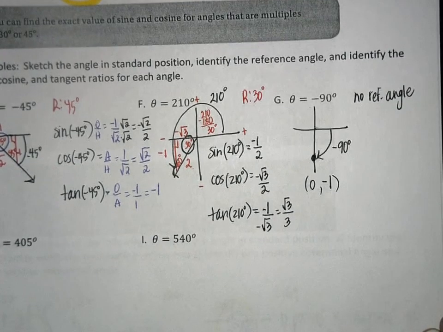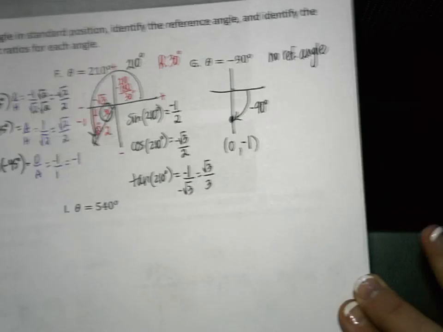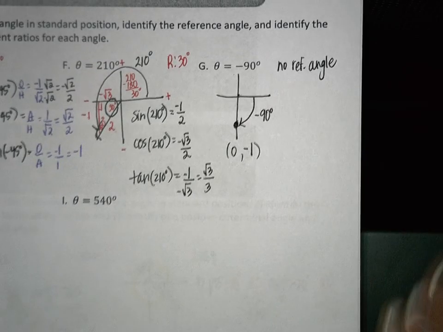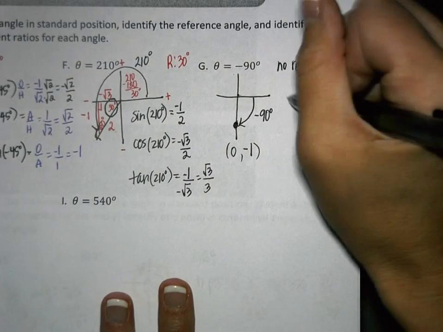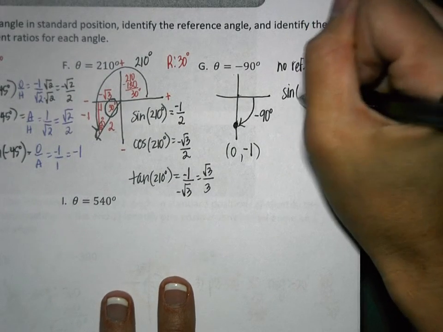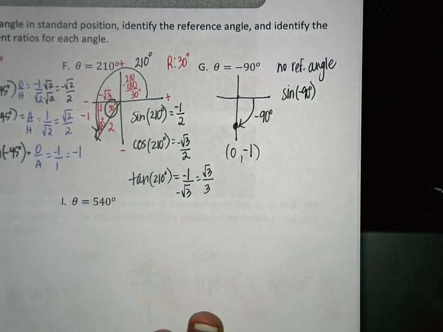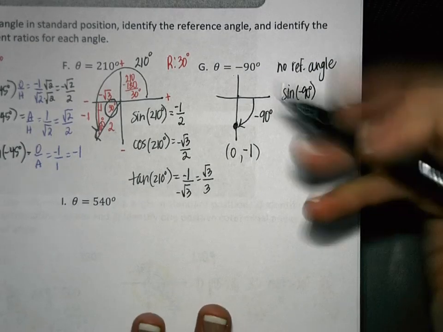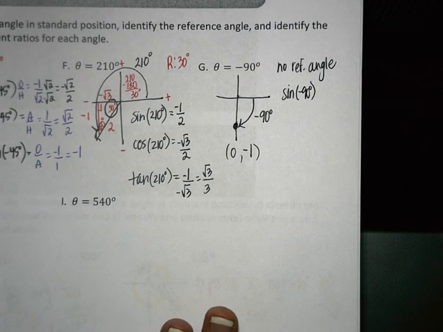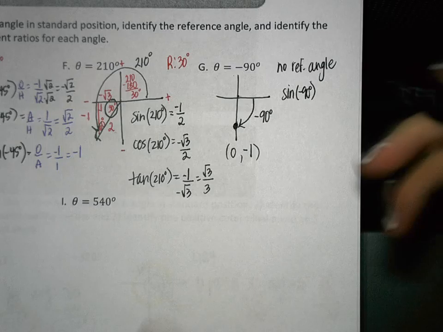So now if we go to do our sine, cosine, and tangent. So sine of negative 90 degrees. We can. So sine, going back, what is sine dealing with? Sine is dealing with your y.